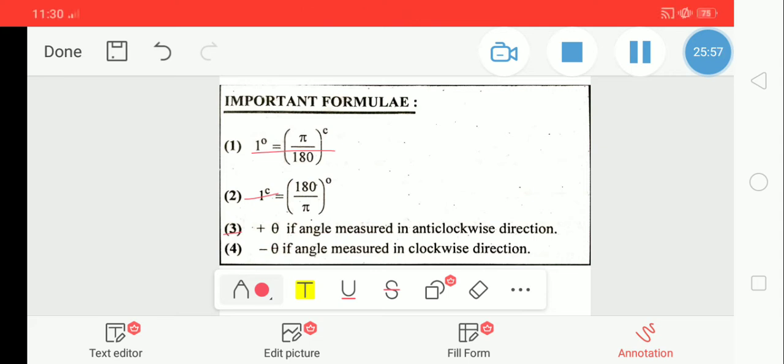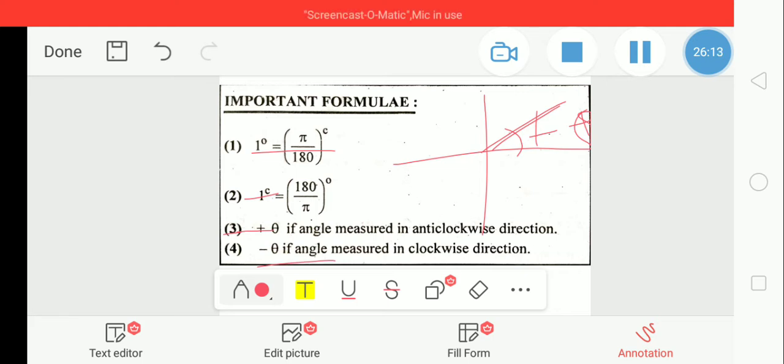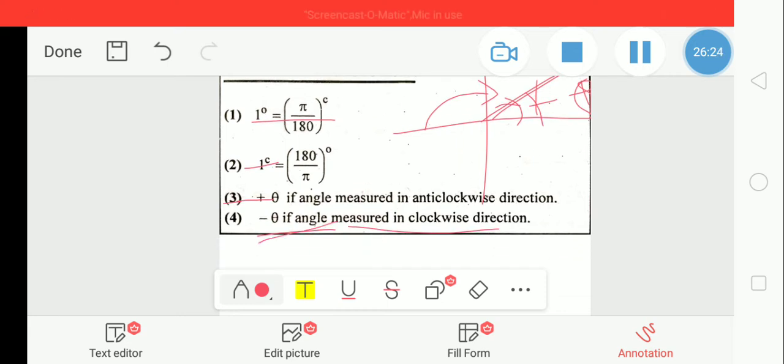Now theta is positive if the angle is measured in the anti-clockwise direction, and negative theta if the angle is measured in the clockwise direction.